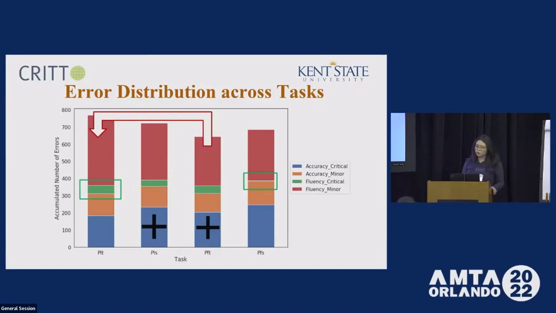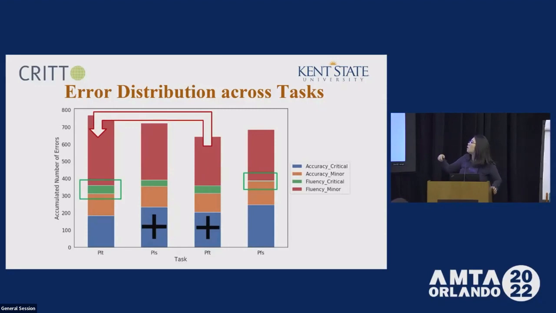And also, if you look at the red arrow on the top of this figure, you can see that if the translator is provided with the full post-editing translation brief with provided term base, they tend to produce the least fluency minor error.